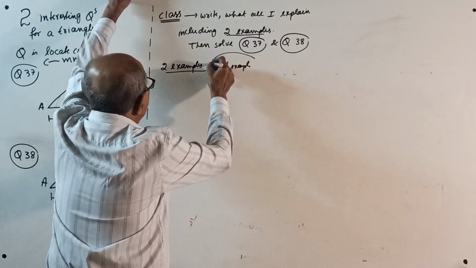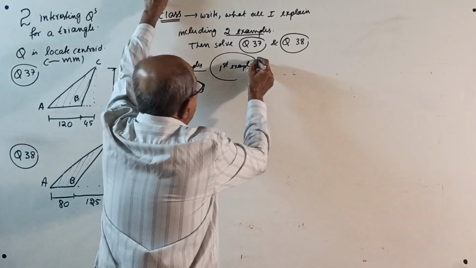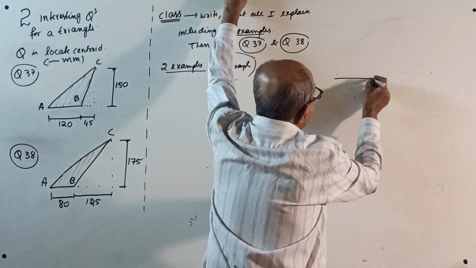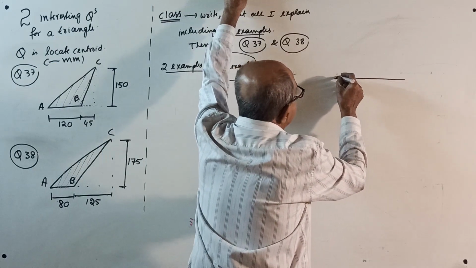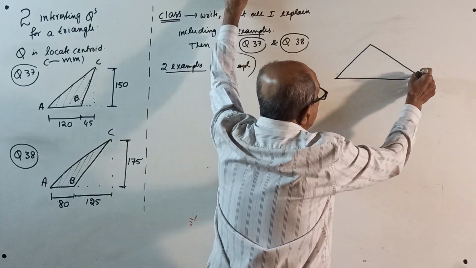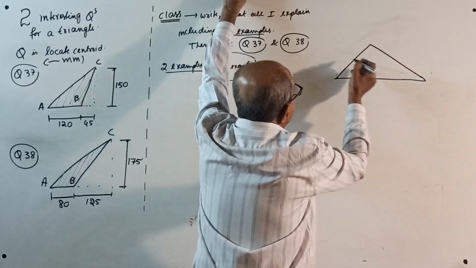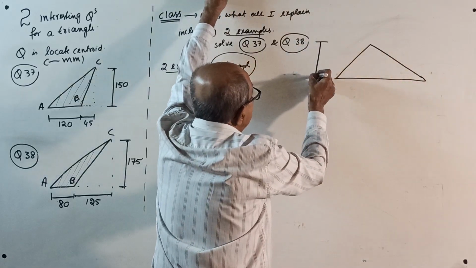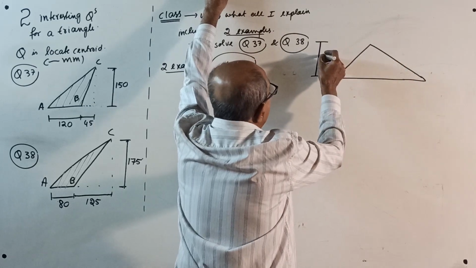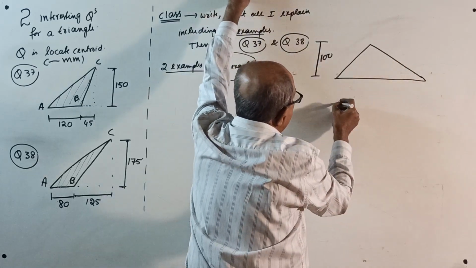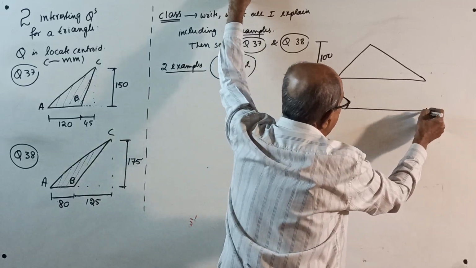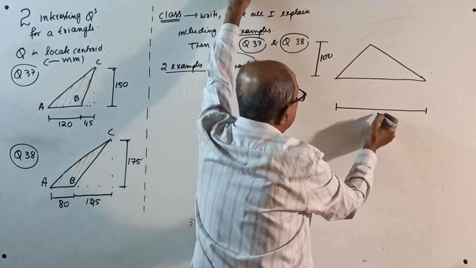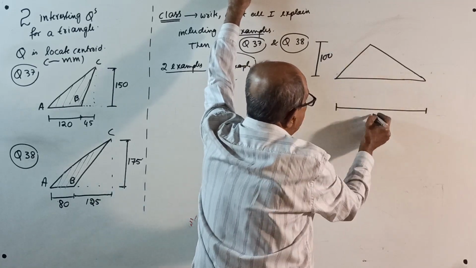before you start your question number 37, you consider a triangle here. Consider a triangle, random. A little fast I will do now. Let the height be anything randomly, 100. Let the full base be something like this, 250.